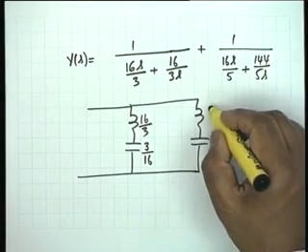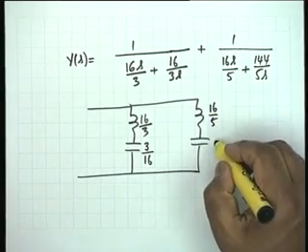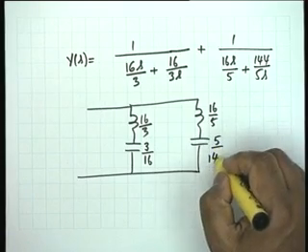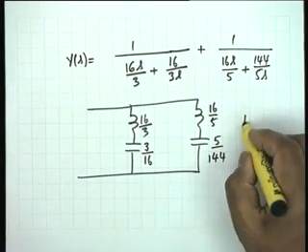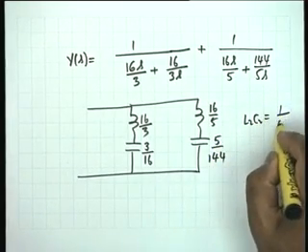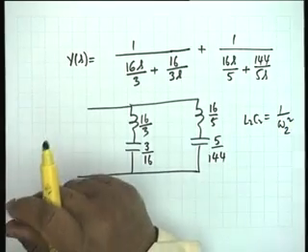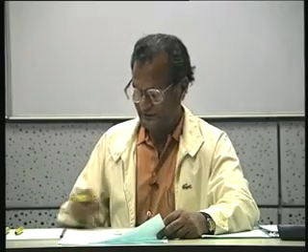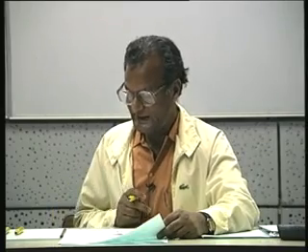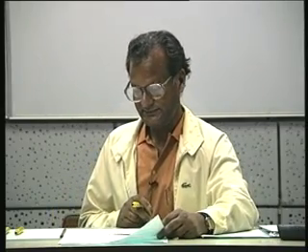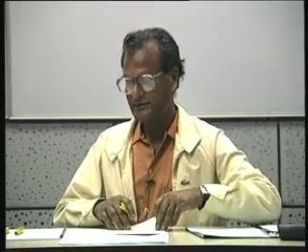Here the product should be equal to 1, and here 16 by 5, and this would be 5 by 144. The product L2C2 must be 1 over omega 2 squared, and omega 2 squared is 9. Therefore, the product of these two is indeed 1/9. That takes care of Foster 2. There are exactly 4 elements.